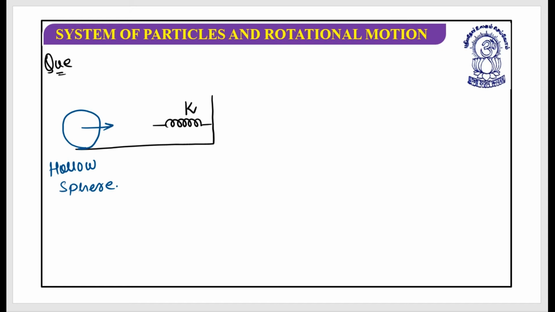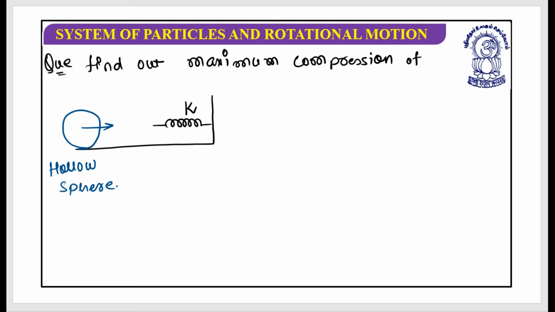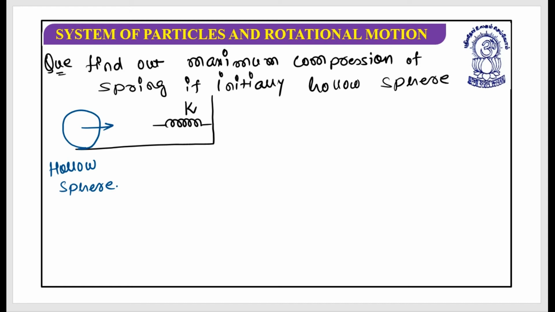So the question is, find out the maximum compression of the spring if the hollow sphere is initially in rolling motion.